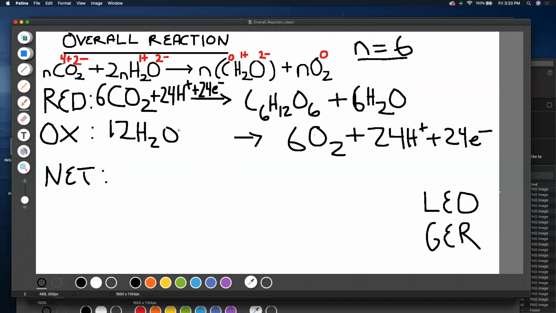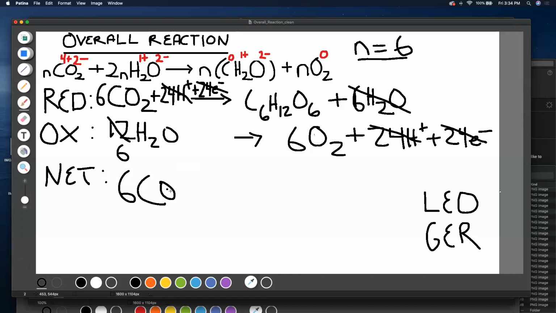And now in order to get your net equation at the end, you cancel out what is alike on opposite sides of the redox. So here we have 12 water, 6 water, so this gets reduced to 6. 24 hydrogens here, 24 hydrogens there, cancel those out. 24 electrons here, 24 electrons there, cancel that out.